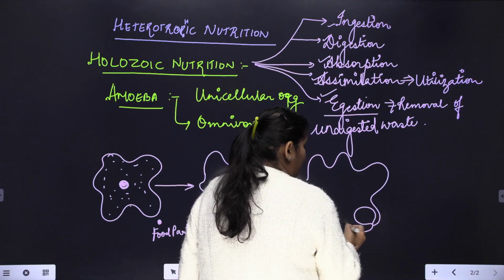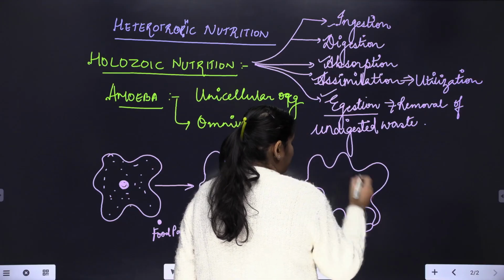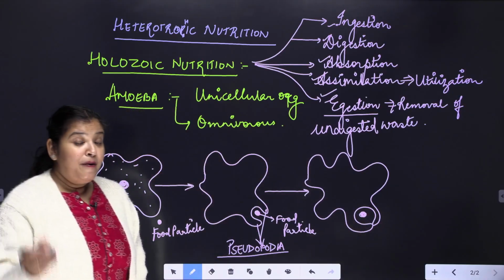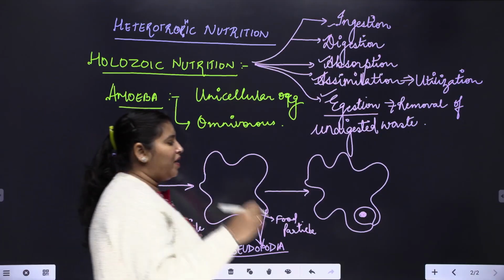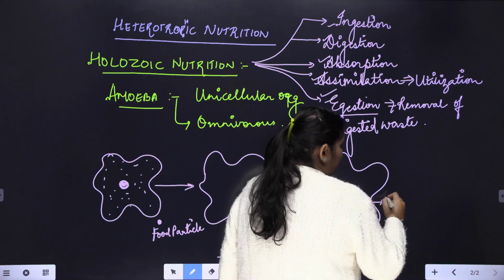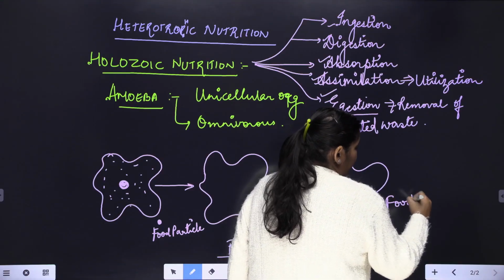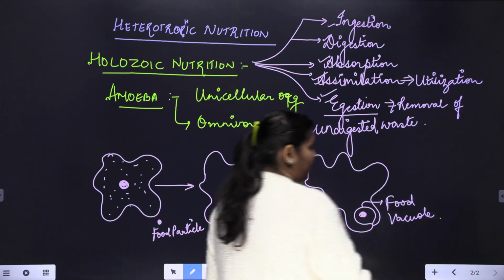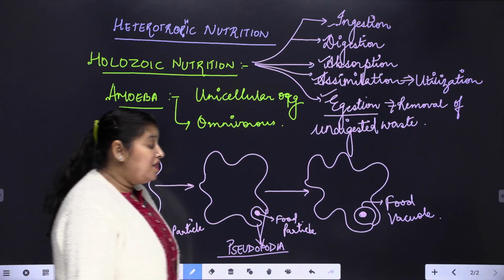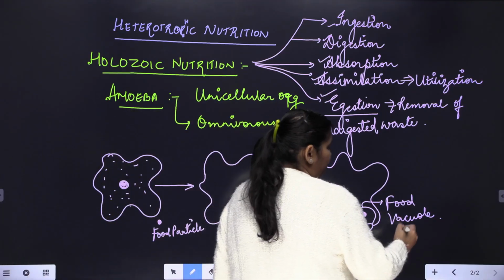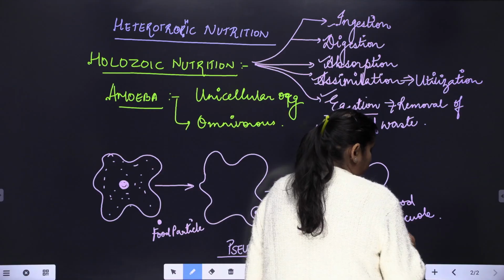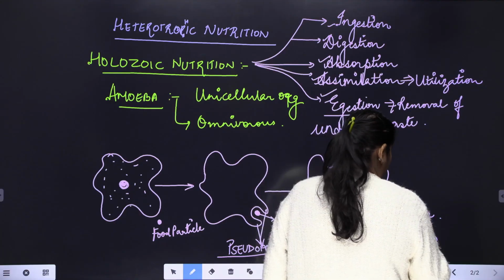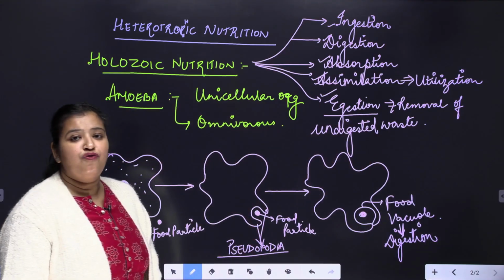The two ends of the finger are going to join together, and the food particle, as you see, gets enclosed within a membrane, and this forms the food vacuole. All right. So in this food vacuole, the process of digestion is going to happen. The process of digestion is going to happen within this food vacuole.